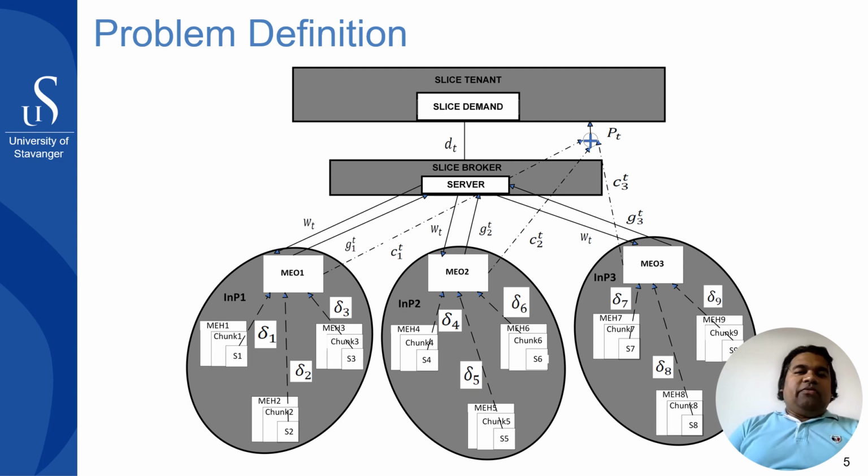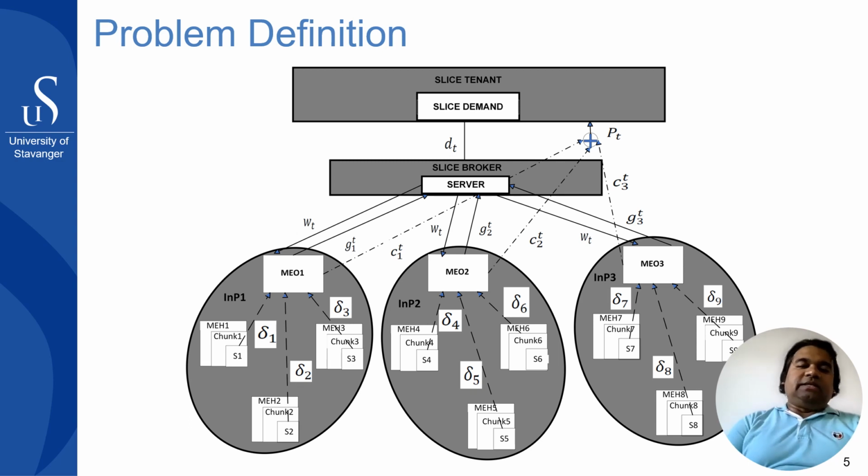Now, how 5G MEC structure can be suited with this problem? So we can see that there are some MEOs. So this MEO is basically the multi-access edge orchestrator, and under this orchestrator there are some MEH, which are multi-access edge host.